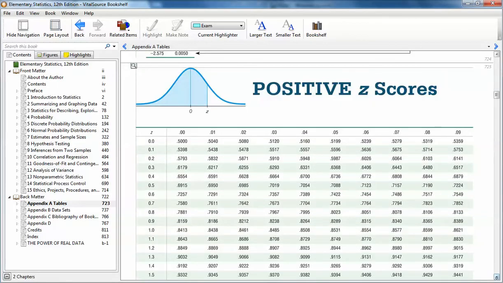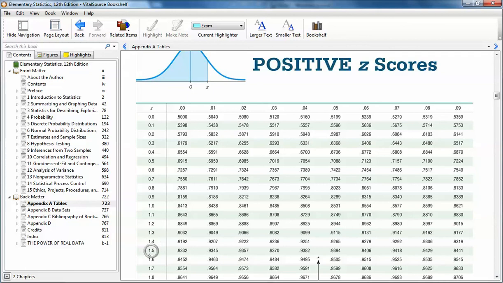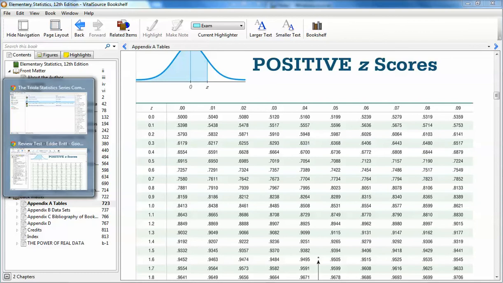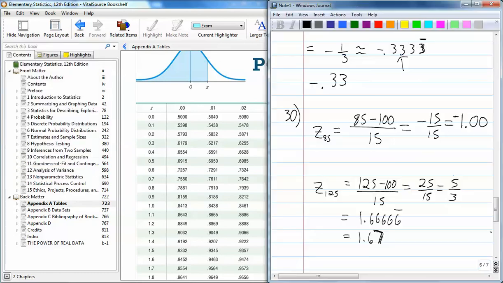It's a positive z-score. Alright, 1.6, and then go over to the 7s column. So that's 0.9525. So our area up to that point is 0.9525.